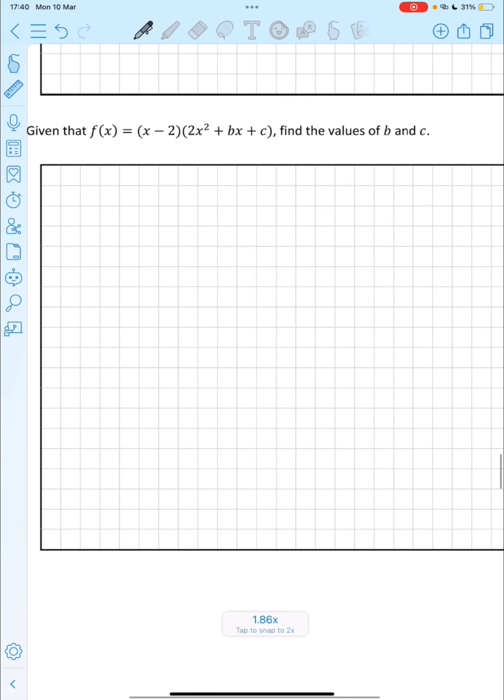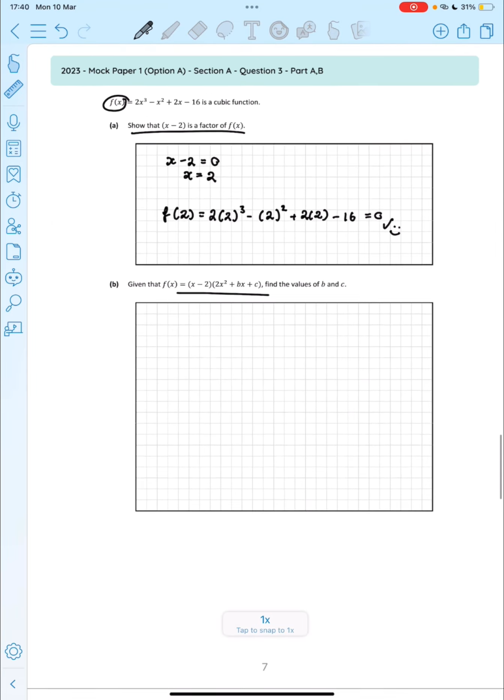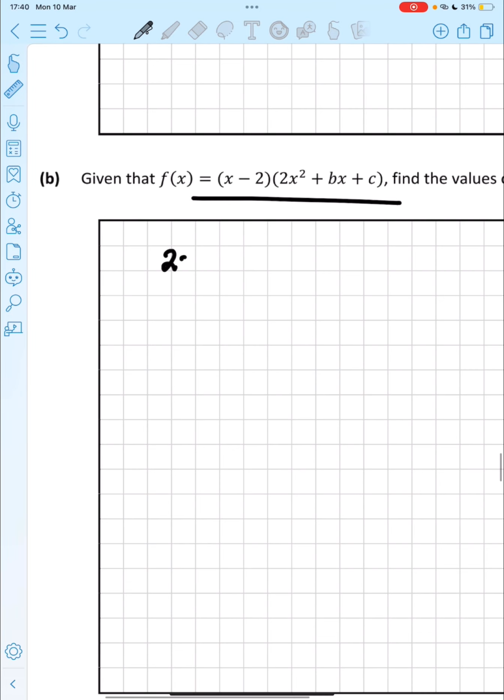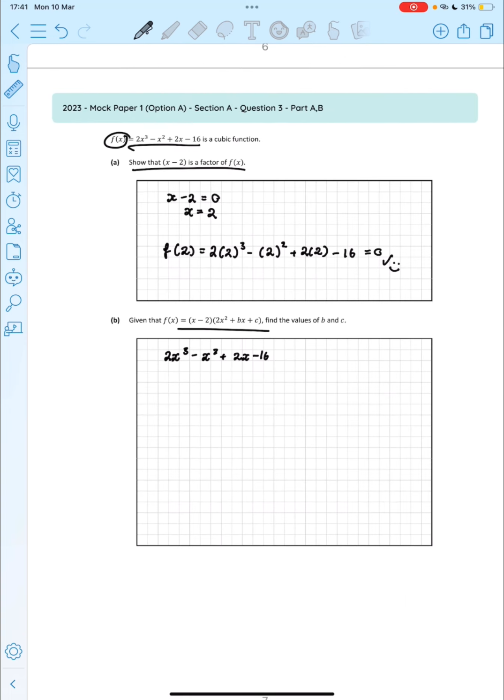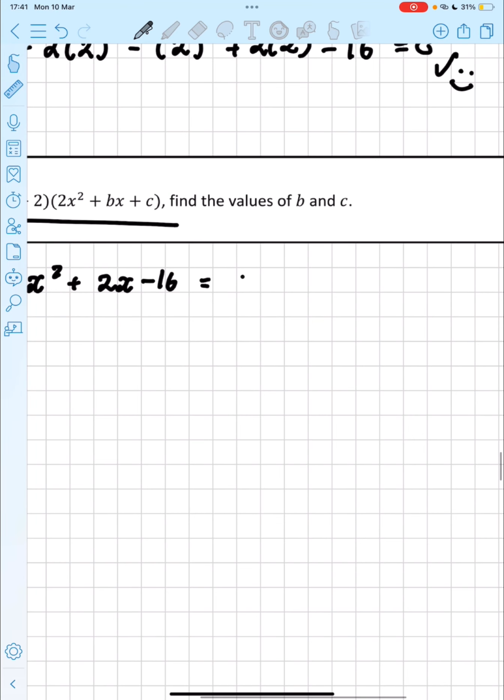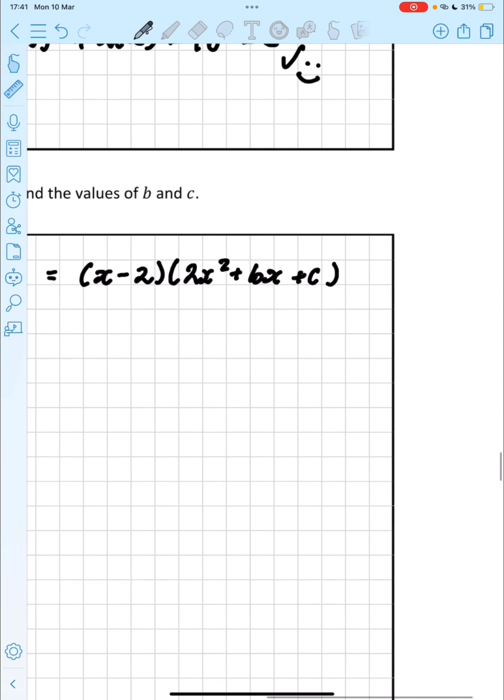Given that f(x) is equal to this, find the values of b and c. So we know that f(x) is equal to 2x cubed minus x squared plus 2x minus 16. That's what we were told up here. And we know that if I multiply x minus 2 and 2x squared plus bx plus c, I will get that.